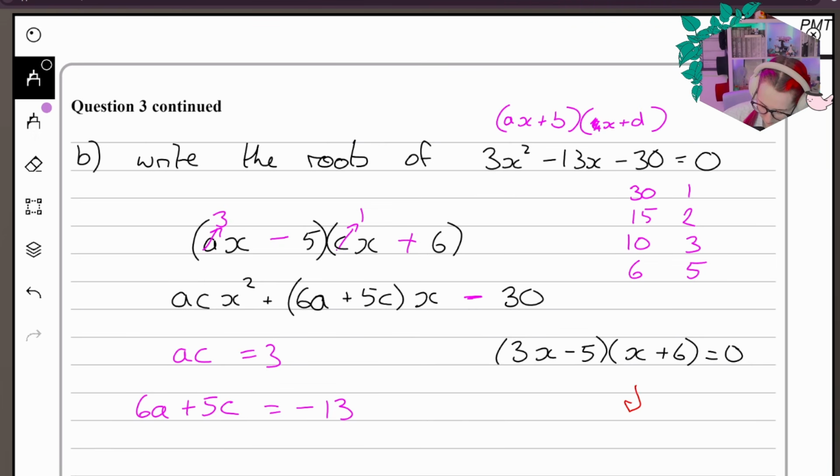So either x plus 6 is equal to 0 or 3x minus 5 is equal to 0. If the two things multiplied together is equal to 0, one or both of them are going to be equal to 0. So our solutions are x is minus 6 and x is 5 over 3, because those are values of x that give us those expressions equal to 0.